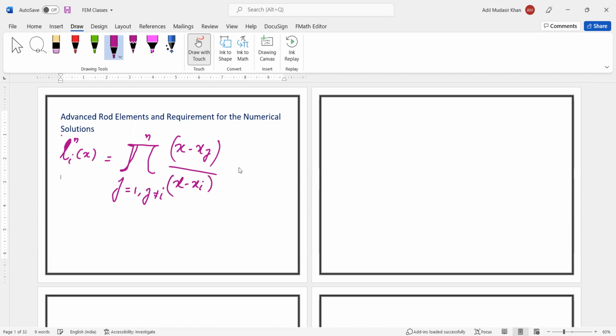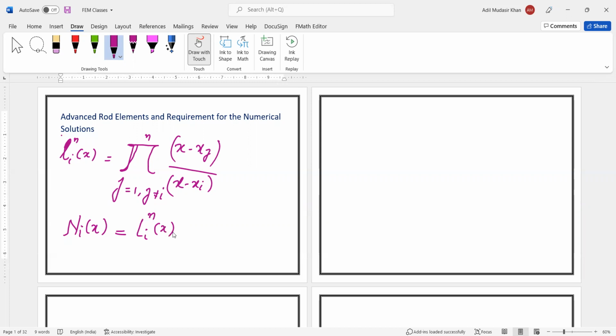That's how we write it. Let us open it up. Okay, that is, we write our shape function Ni as a function of x equal to the normalized shape function Li n as a function of x.